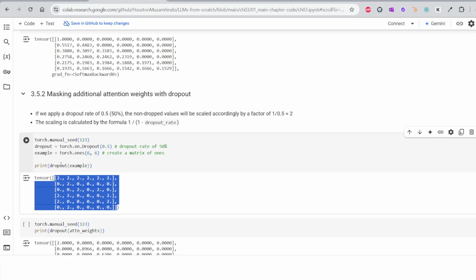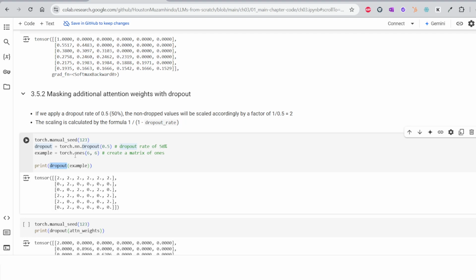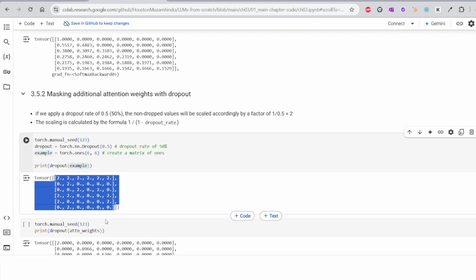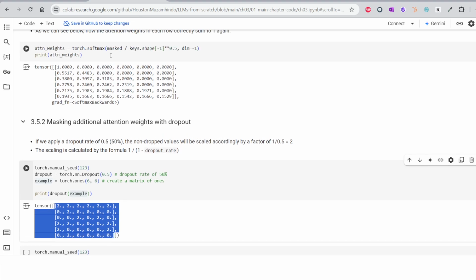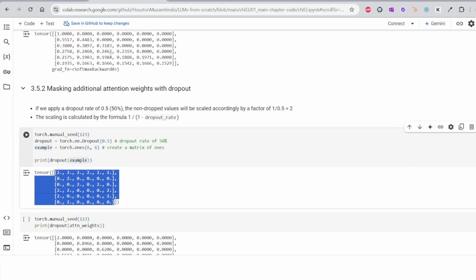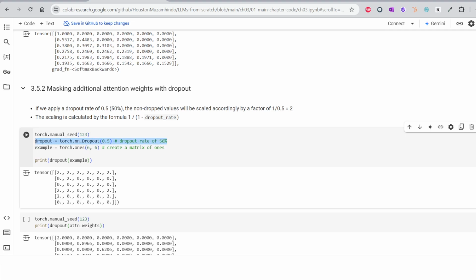Now that we have calculated this dropout matrix, we just apply it to our attention matrix. It's a special dropout function in PyTorch, where you input what you want.